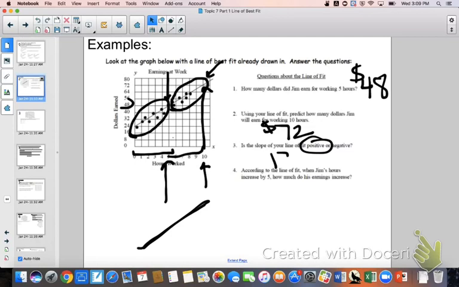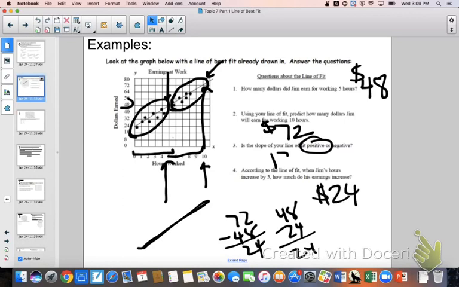So 72 minus 48 is 24, and 24 to 48 is also 24. So it's about $24 that earnings increase.